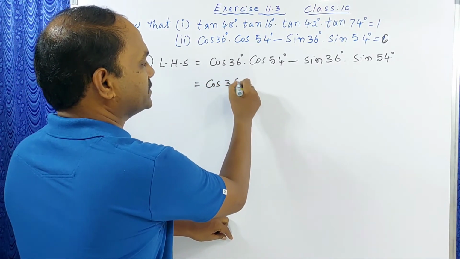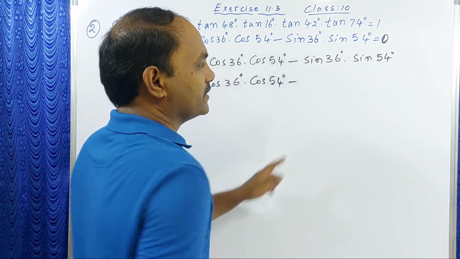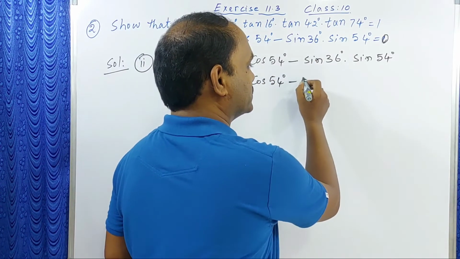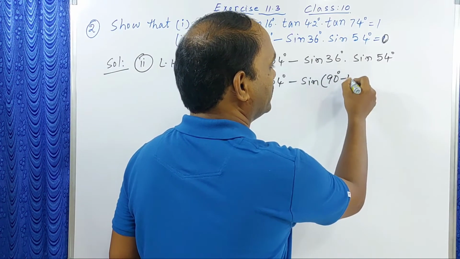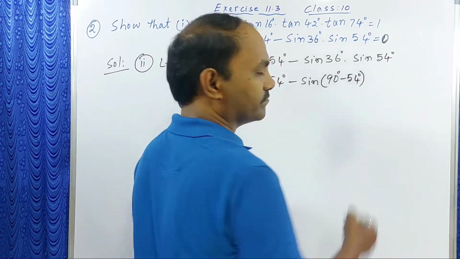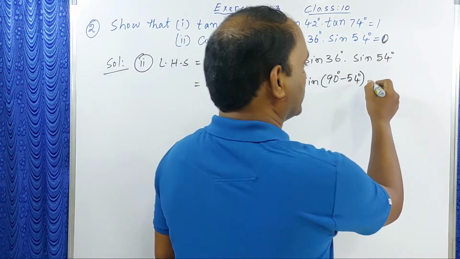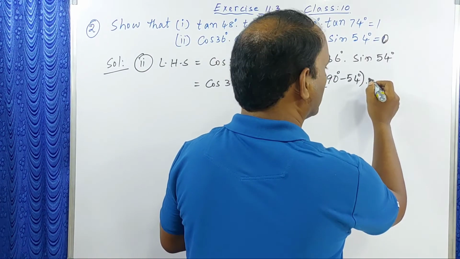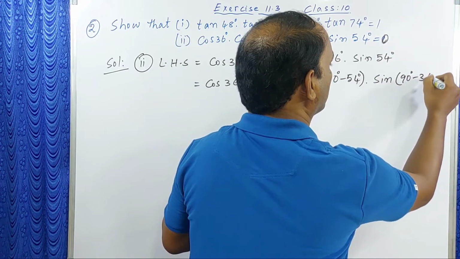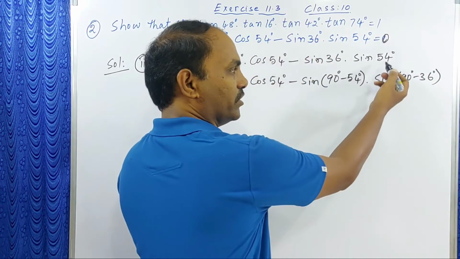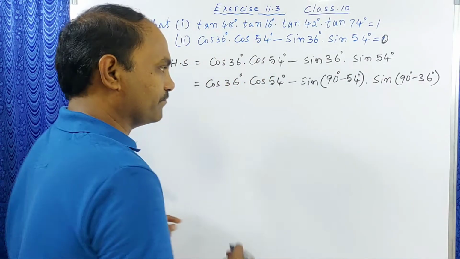So, sin 36 degrees into sin 54 degrees, I change this one like this: sin 36 can be written as sin of 90 minus 54 degrees, because 90 minus 54 is again 36, into sin 90 degrees minus 36 degrees, because 90 minus 36 is again 54 degrees.